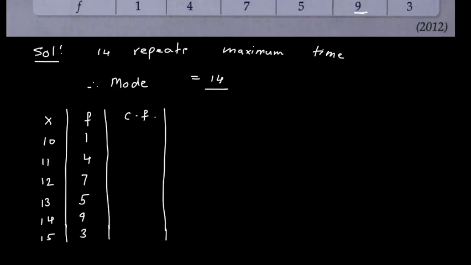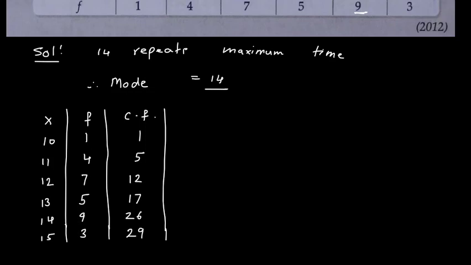Now for cumulative frequency I will write 1, then I add 4 to this one. So 1 plus 4 it is 5, 5 plus 7 it is 12, 12 plus 5 is 17, 17 plus 9 is 26, and then this 3 makes 29.